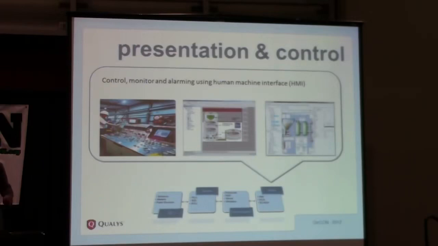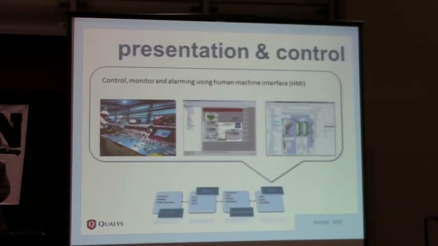So let's say your left-hand side has a pressure sensor which senses water pressure, and if the pressure gets high or low, the data gets acquired, translated, and at the end of the day reaches this presentation and control layer, where the operator views an alarm saying that the pressure is getting low or high. The operator can also change the pressure, saying, okay, the pressure needs to be this, let me control this by selecting a knob.